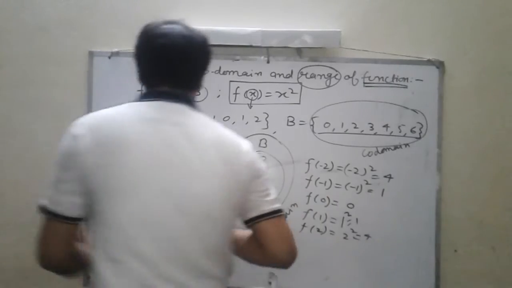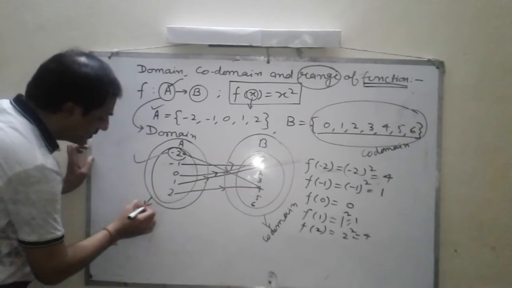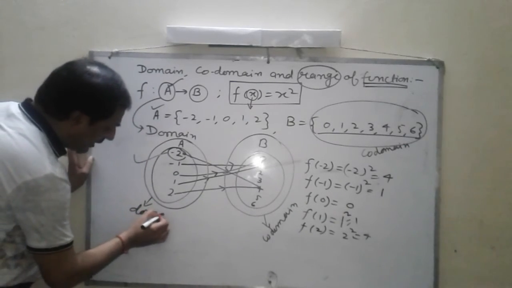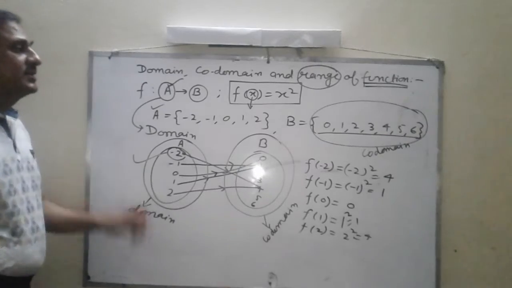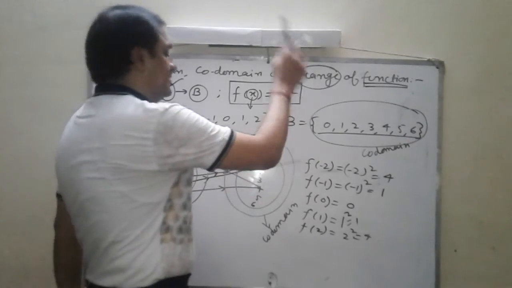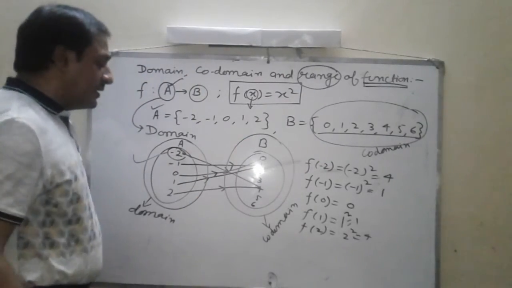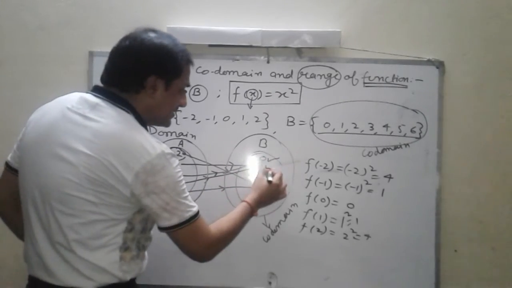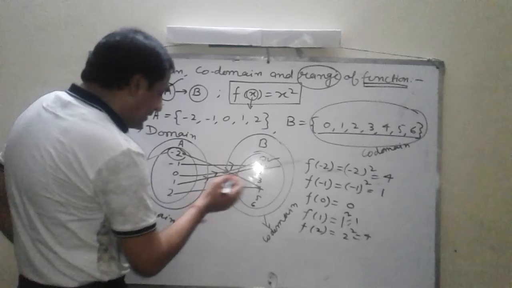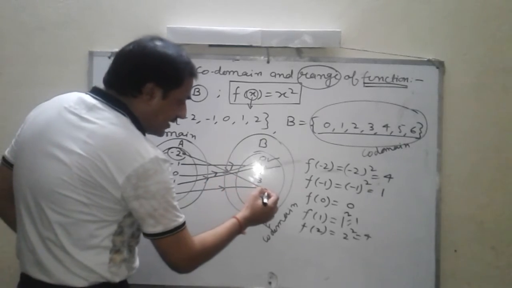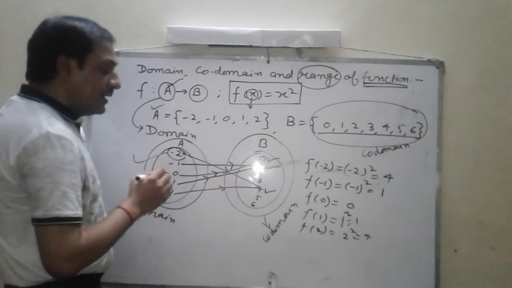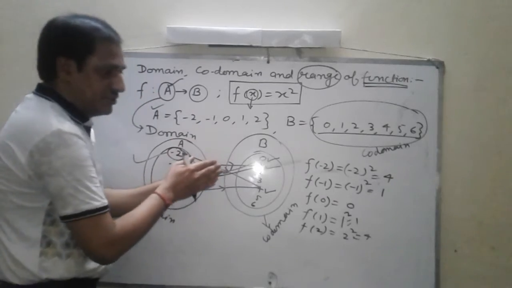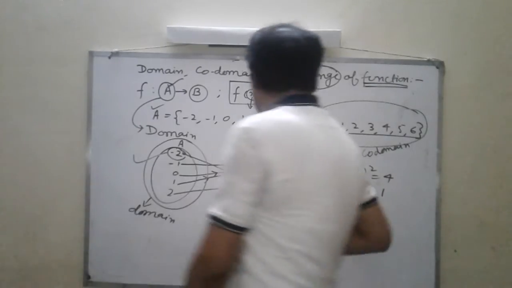Now the third thing is range. What is the range? Here 0 is the image of 0, 1 is the image of minus 1 and 1, and 4 is the image of minus 2 and 2.